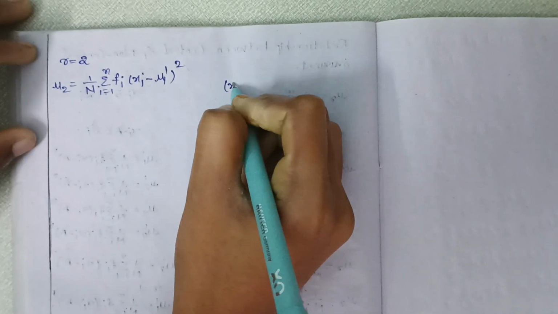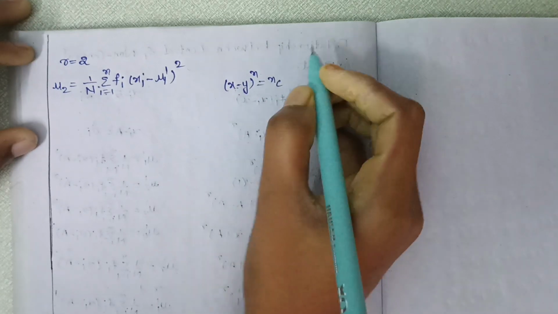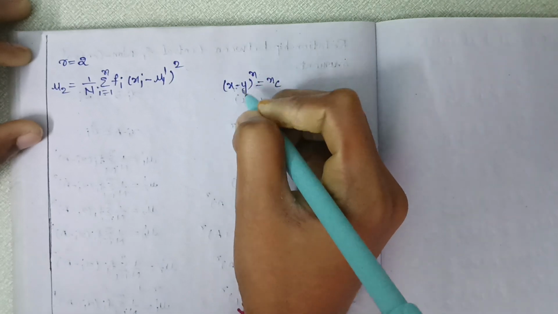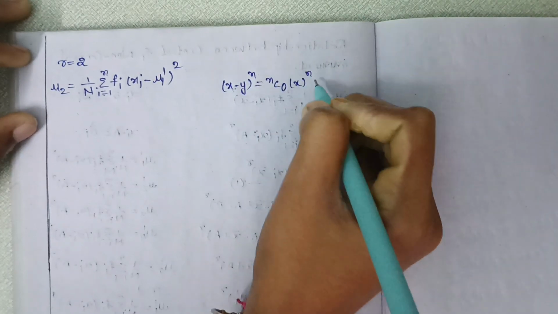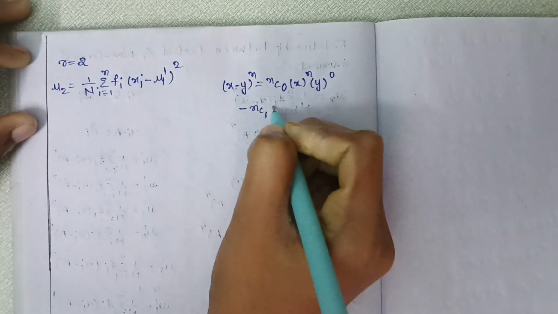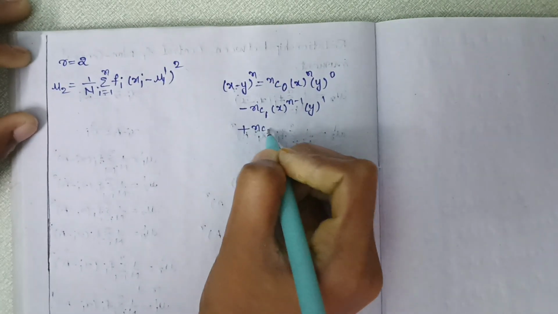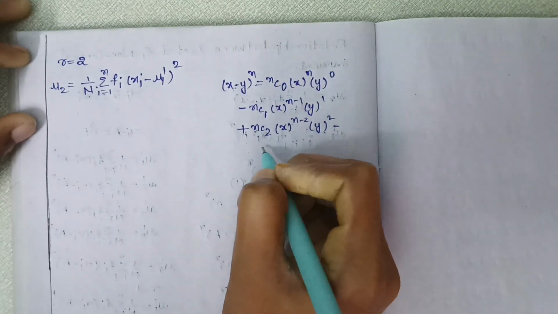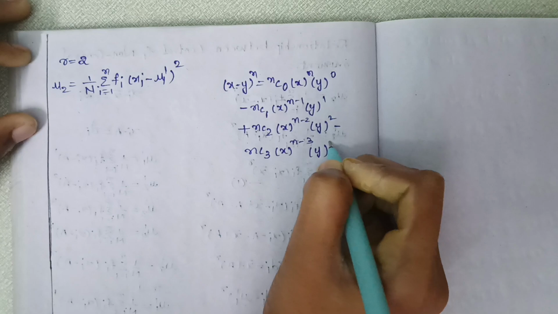Therefore, we have a formula for (x minus y) whole to the power of n, which is equal to nC0 into x to the power of n and y to the power of 0, minus nC1 x to the power of n minus 1 into y to the power of 1, plus nC2 into x to the power of n minus 2 and y to the power of 2, minus nC3 x to the power of n minus 3 y to the power of 3.